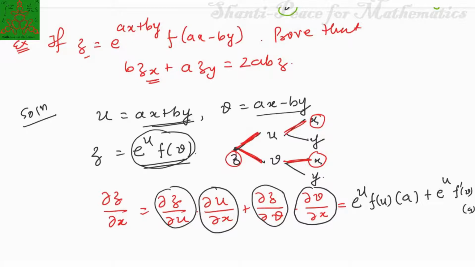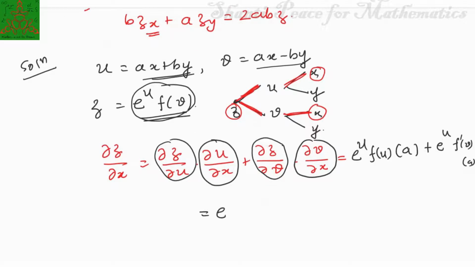You just note that e power u is common, a is also common. Inside the bracket we'll have f of v plus f dash of v.